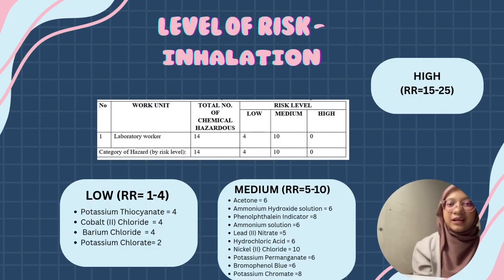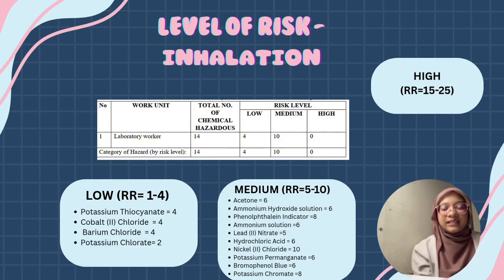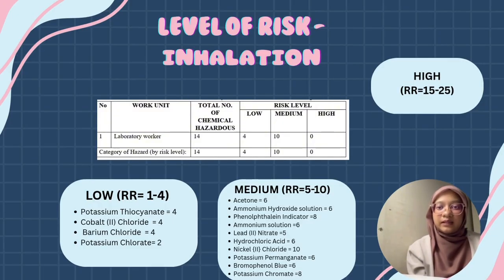Based on our finding, out of the 31 chemicals that were assessed, 14 were identified as posing an inhalation risk. Among these, 4 chemicals were classified as low risk with risk rating between 1 to 4, while 10 chemicals were classified as medium risk with 5 to 10 risk rating. There were no chemicals classified as high risk in this laboratory, which is risk rating between 15 to 25.